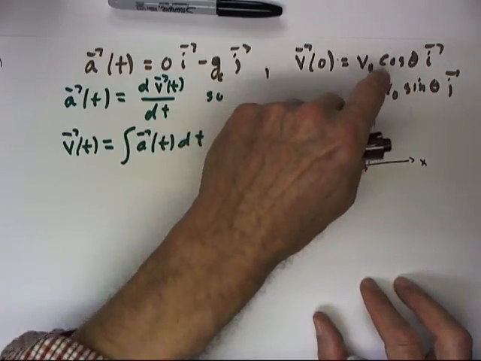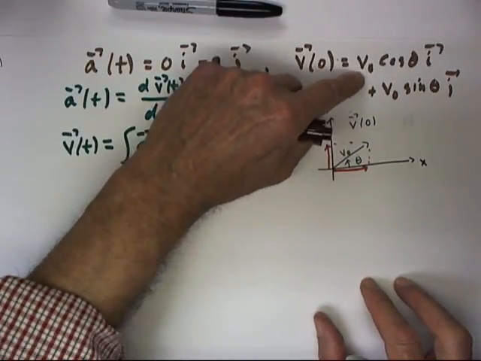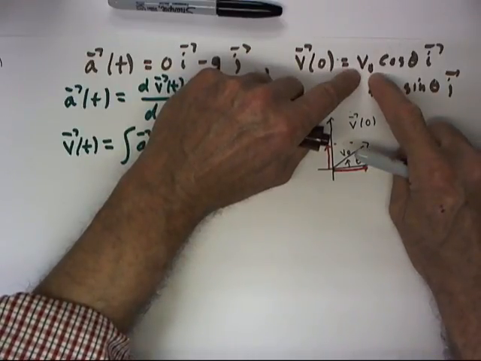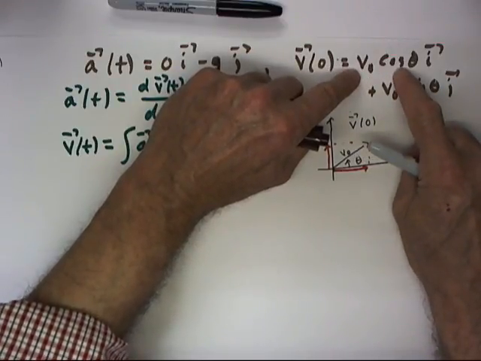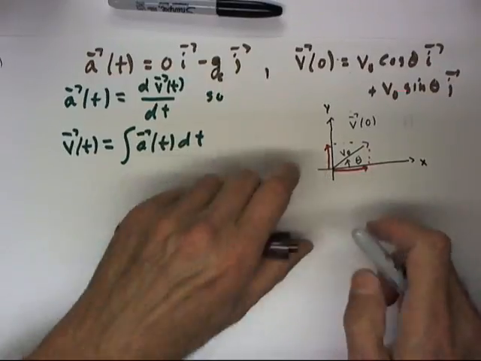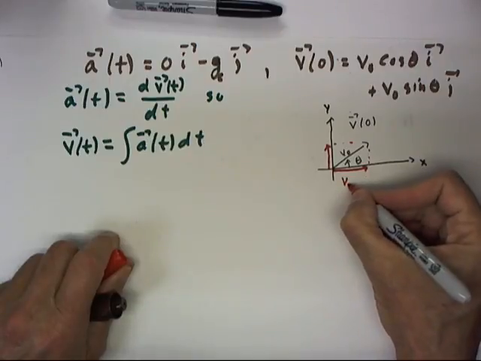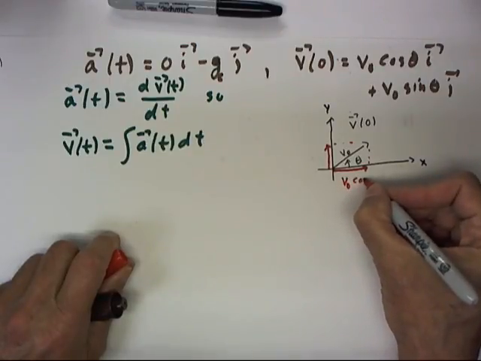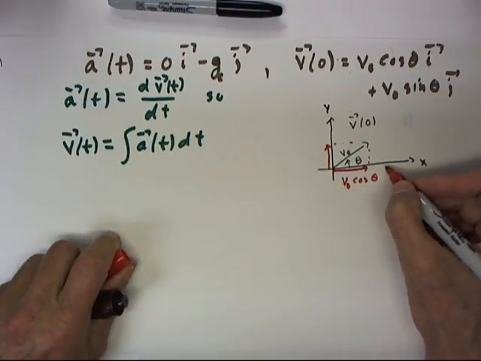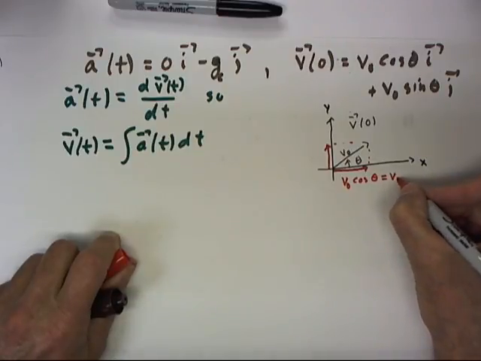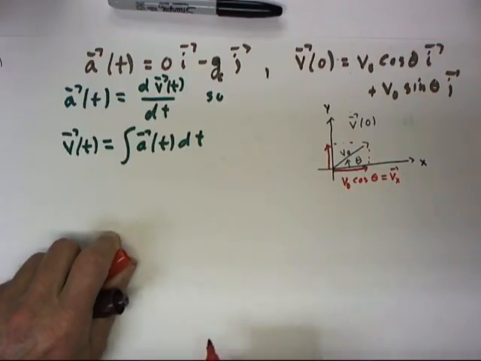It's a number which we identified with the speed. v0 is the speed multiplied by the cosine of theta. That gives us the component of the velocity in the x direction, so that this is v0 cosine theta. And I could say that's the x component of my velocity.